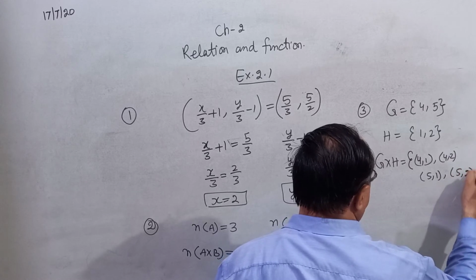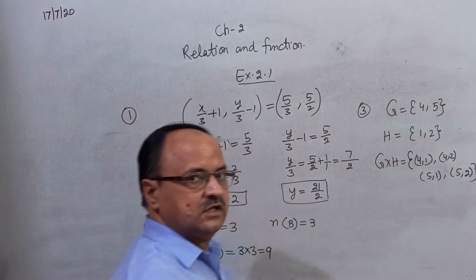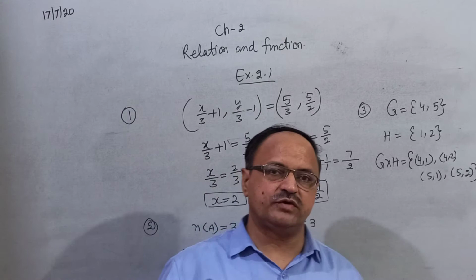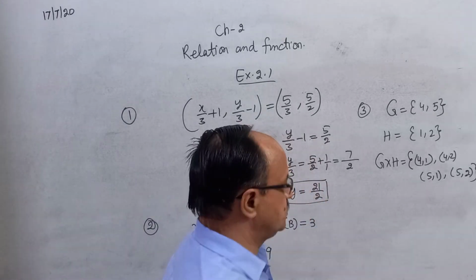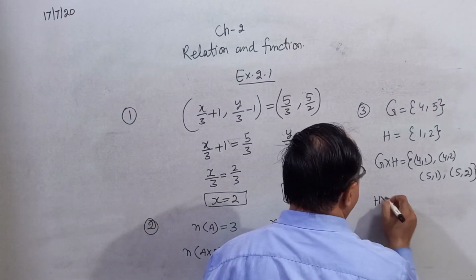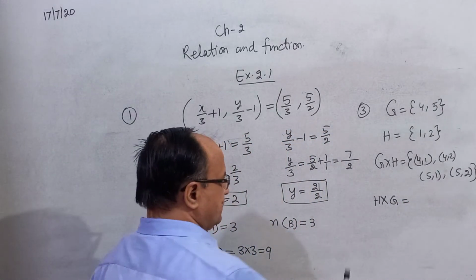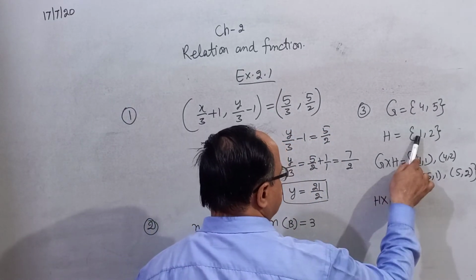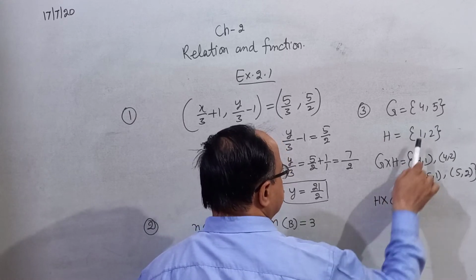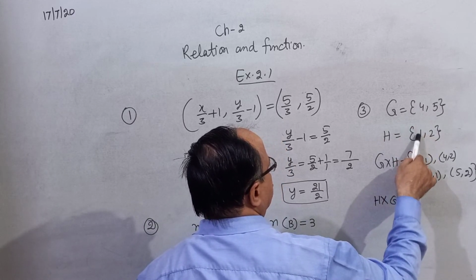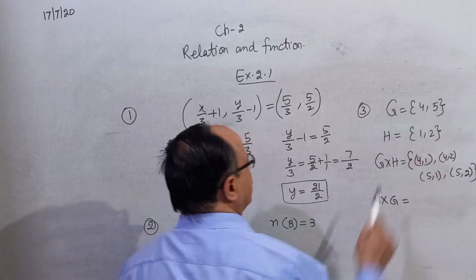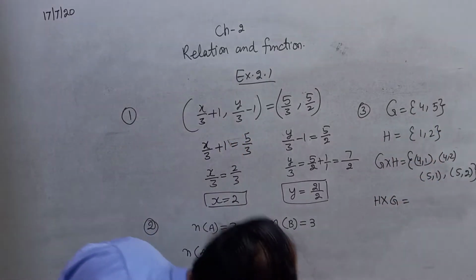Okay. So by the same procedure you can find H cross G also. H cross G means the first element belongs to the set H and the second element belongs to the set G. You can say 1 4, 1 5, 2 4, 2 5. Right?